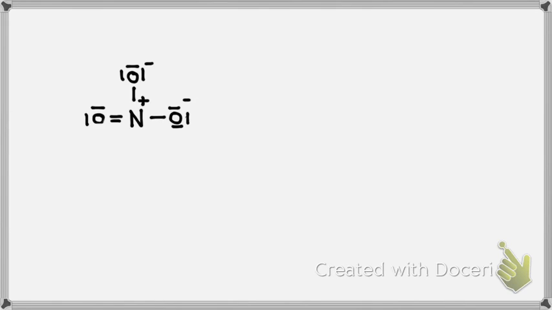You see how if you know the structure for nitric acid, for nitrate, all I did was pull off a hydrogen as a proton and leave the electrons. That's the proton transfer.